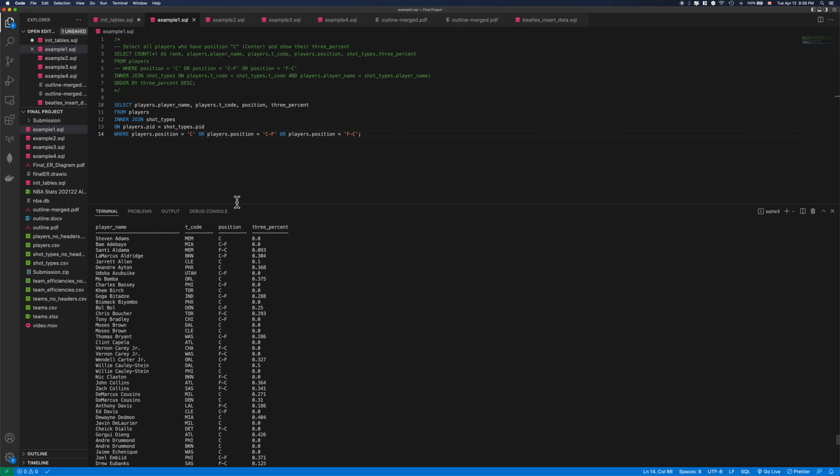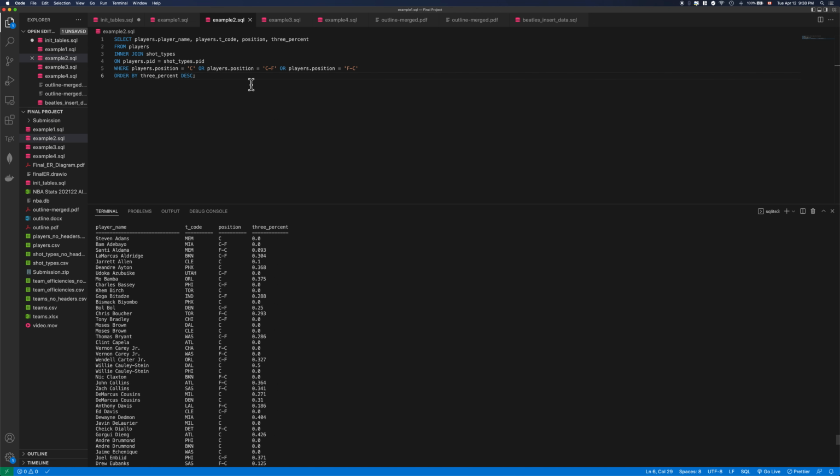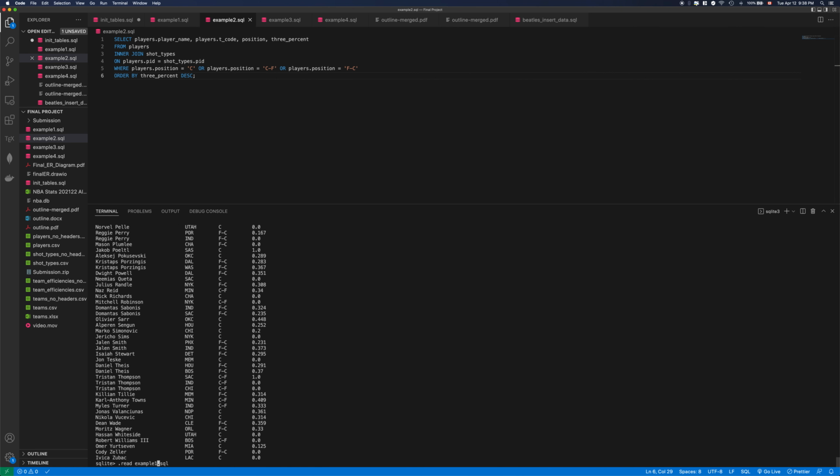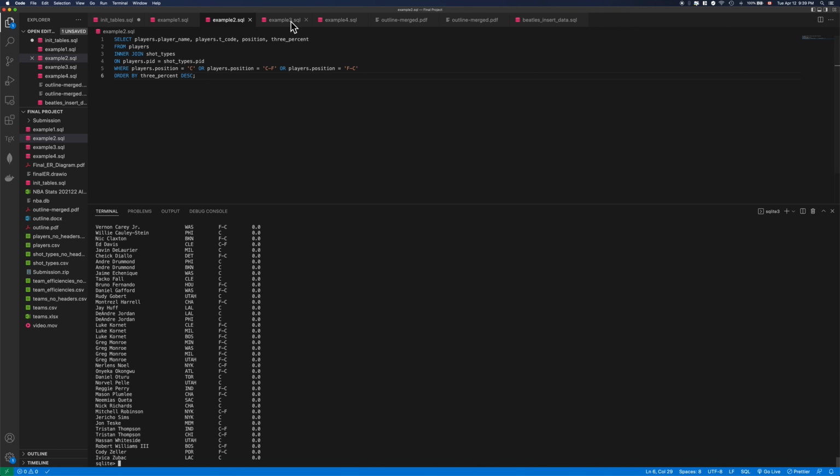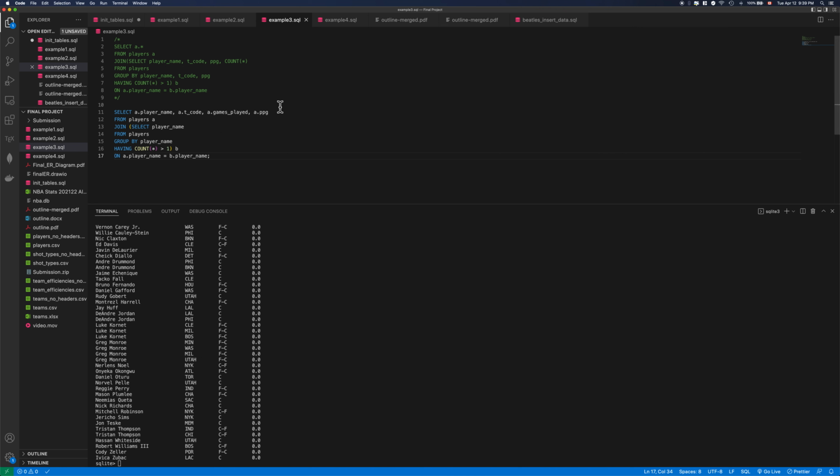My example two does the same thing, but it sorts it in descending order. And I have another example right here that goes over the players and the amount of games that they played.